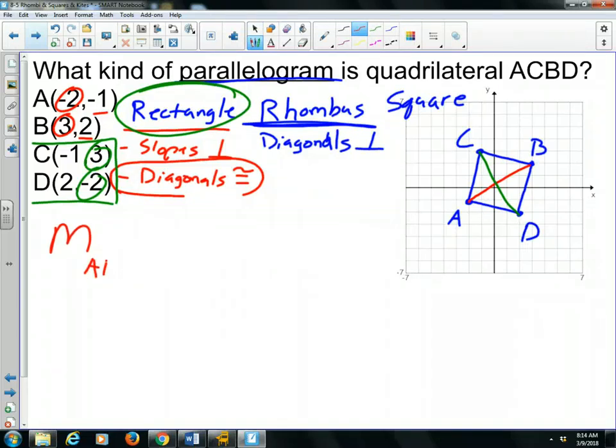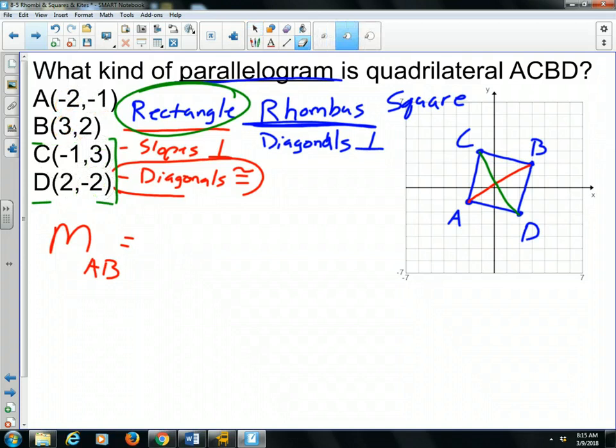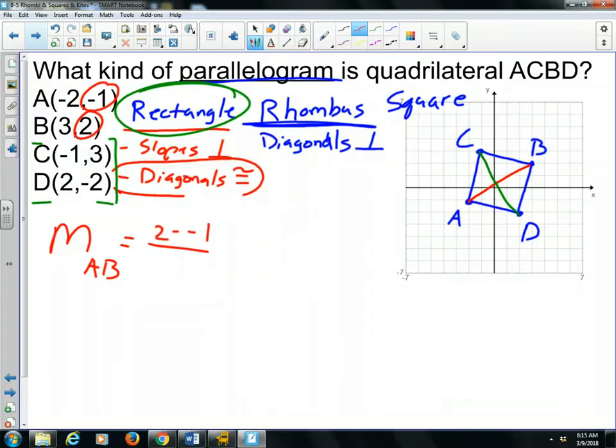from A to B. So the slope is y2 minus y1 over x2 minus x1. y2 minus y1, 2 minus negative 1, over x2 minus x1. The slope from A to B is 3/5. Rise of 3, run of 5.